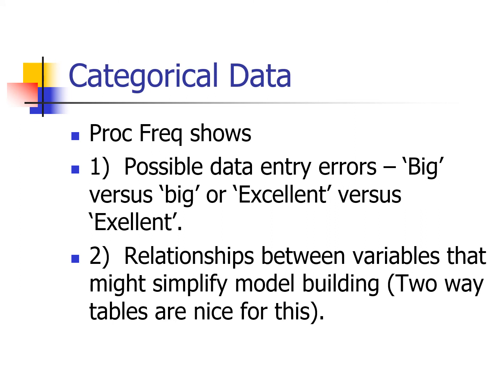Well, one thing it can show us is that maybe in some observations, when they wrote big, they capitalized it, and in some observations they didn't capitalize it. To us as human beings, that's not a big deal. But remember, SAS is case sensitive. So SAS would consider that uppercase Big different than that lowercase big, and treat them as two different things, when in reality they're not.